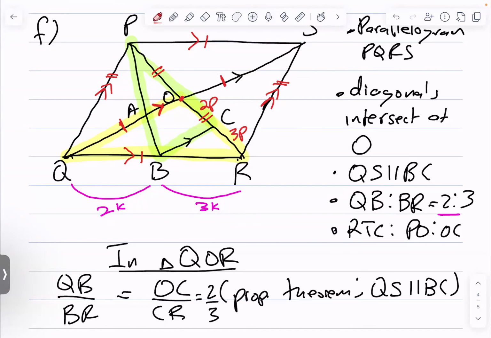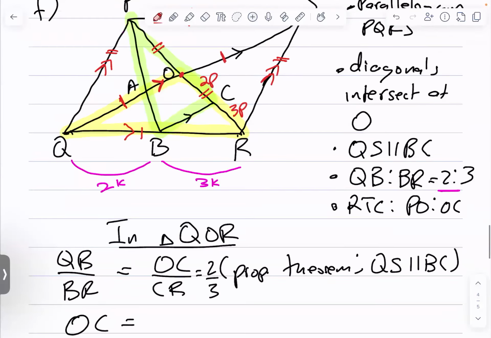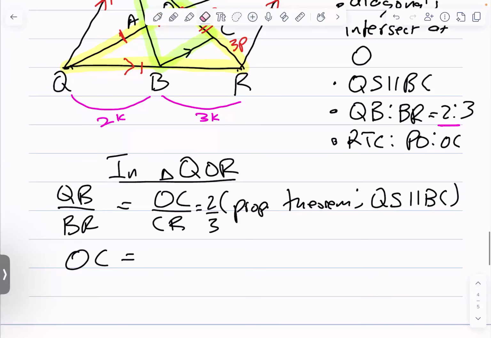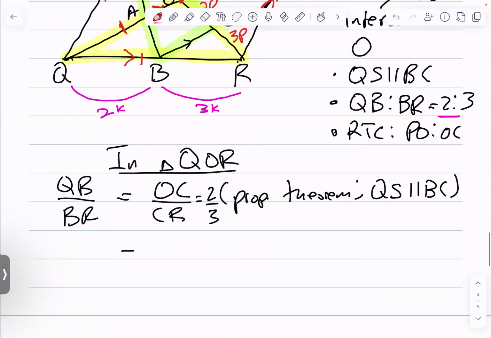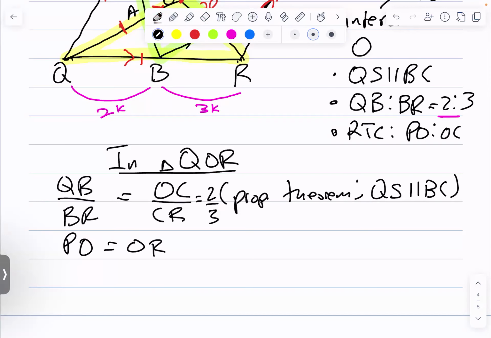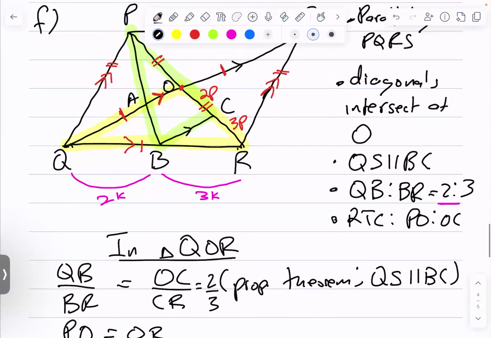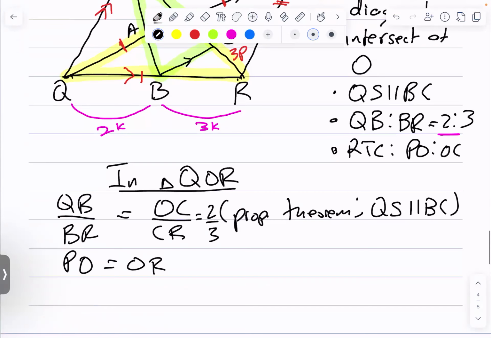So that statement, if I was you, I would say PO is equal to OR. Good. PO is equal to OR, and which is actually equal to 5, isn't it? Yes, which equals 5.